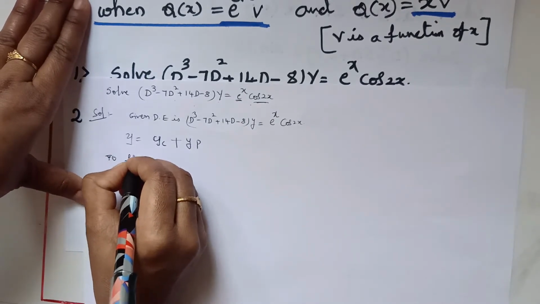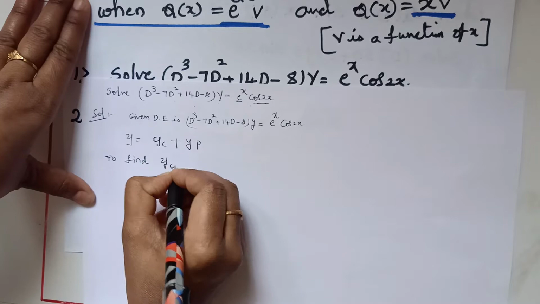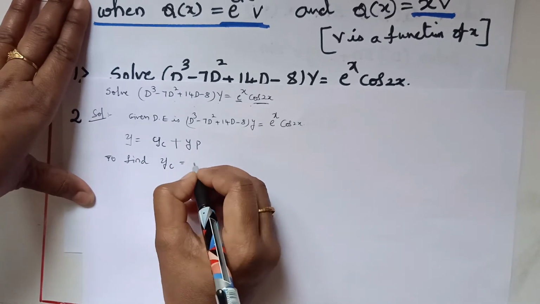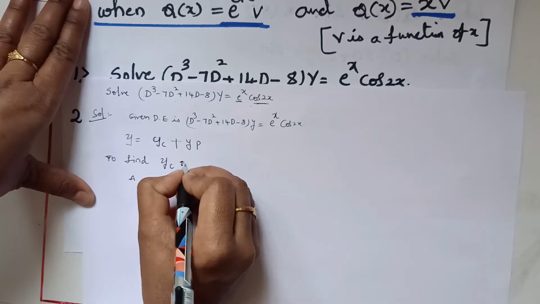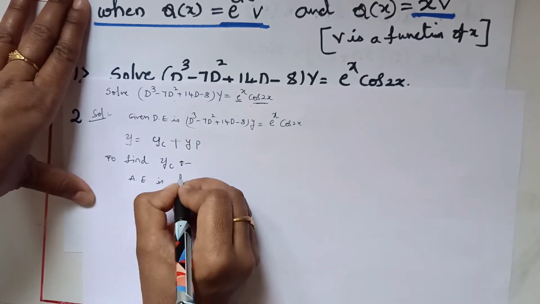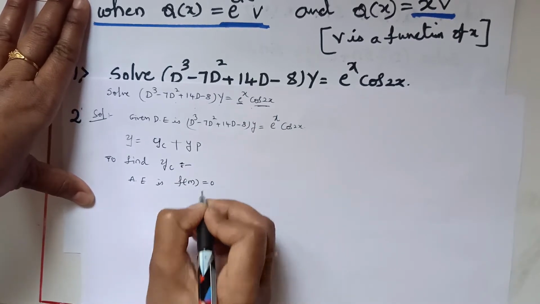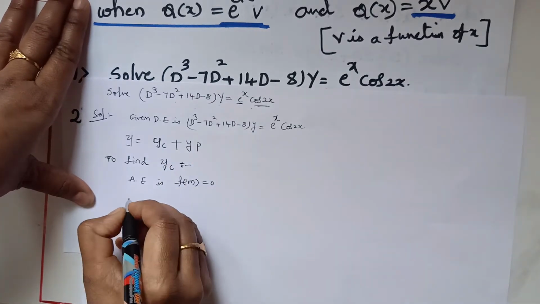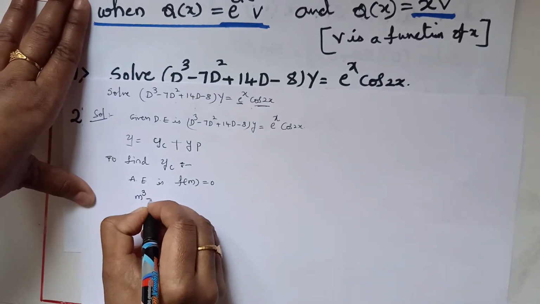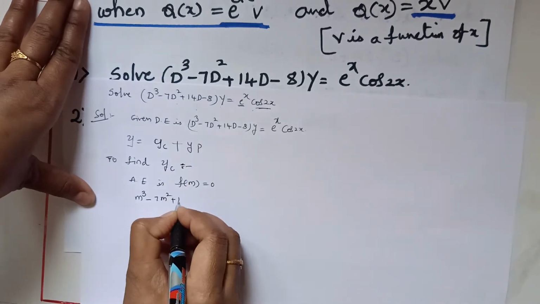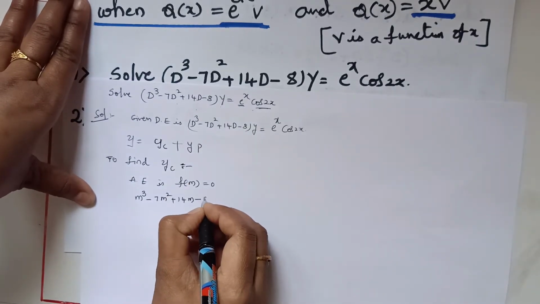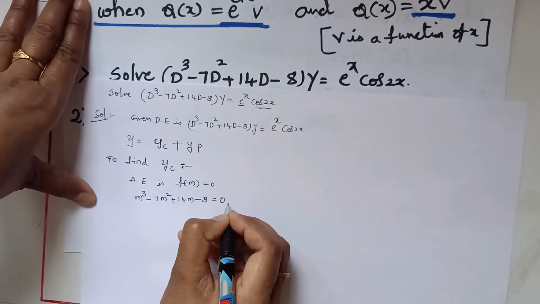To find yc, that is the complementary function, we need to write the auxiliary equation, that is f of m is equal to 0. Okay, by substituting D is equal to m, we get f of m, that is m cube minus 7m square plus 14m minus 8 is equal to 0.